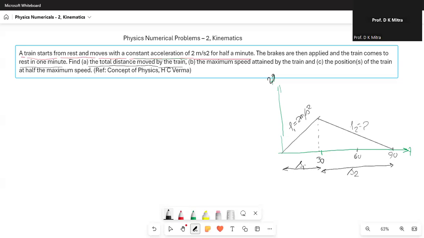During these first 30 seconds, the train moves at a constant acceleration of 2 meters per second square and starts from rest. It's given here, it starts from rest, right?